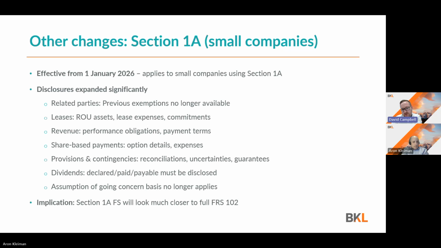So Section 1A follows the recognition and measurement requirements of full FRS 102. That's important to make clear at the start. What it does do is allow small companies to avail of certain disclosure exemptions in certain circumstances.